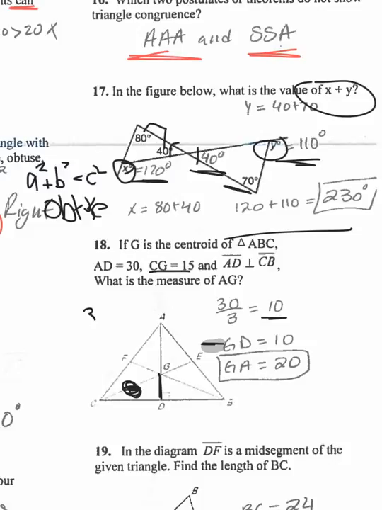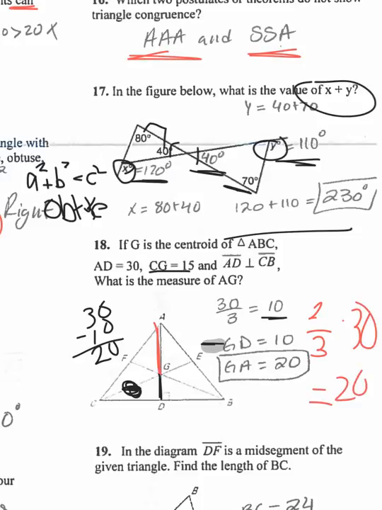So from there, obviously, you could do 30 minus 10 to get the 20. Also, because A to G is clearly the longer part, you could also do 2/3 times the value, which in this case is 30, which would give you the 20. But it just cuts into 2/3, 1/3. The longer part should always be twice as big as the shorter, because 20 is twice as big as 10 here. Right?